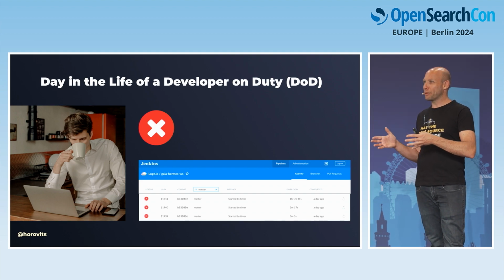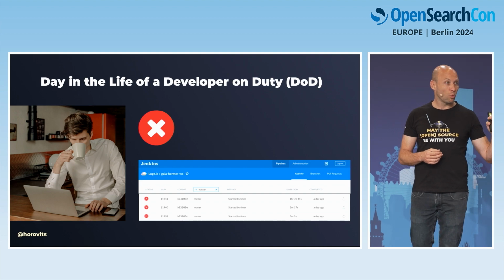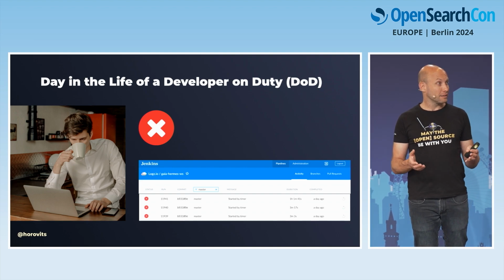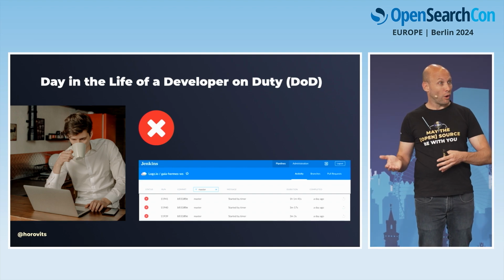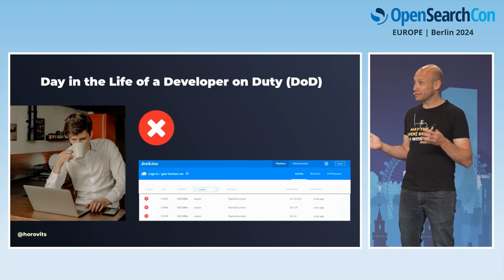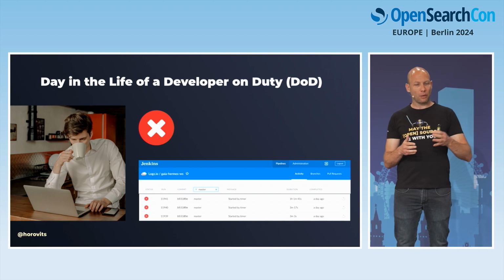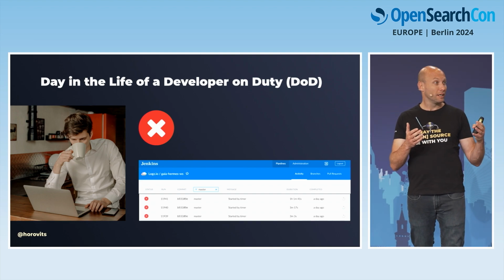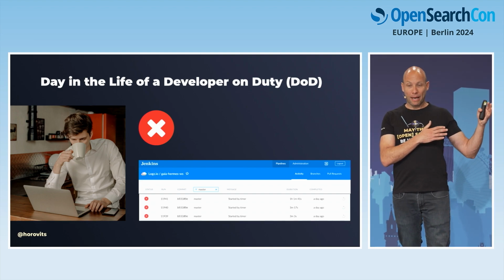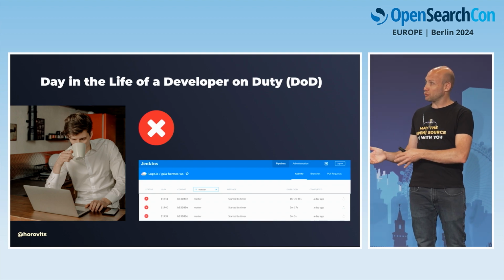If not, you jump in, and then you need to go over them one by one and understand what happened, where it happened, why it happened, and so on. And when I say one by one, it's very important, because we have different pipelines: the back end, the app, the front end, the smoke tests.